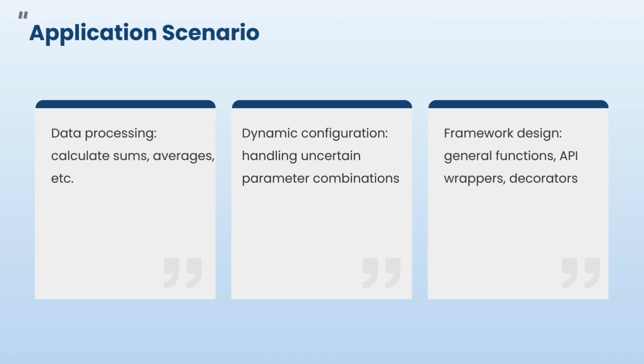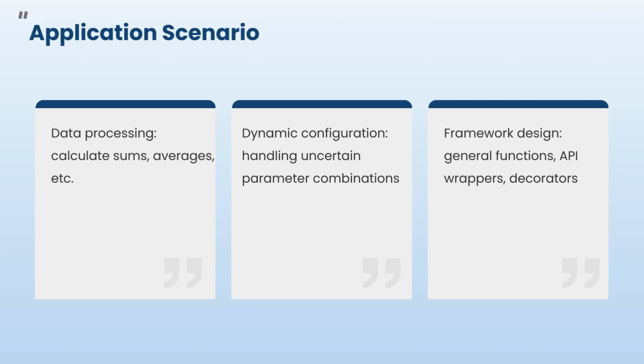Application scenarios. Data processing. In data analysis and processing, variable arguments can be used to calculate various statistical metrics, such as sums, averages, and standard deviations. This allows functions to flexibly accept different numbers of data points for corresponding calculations, enhancing code generality and reusability.